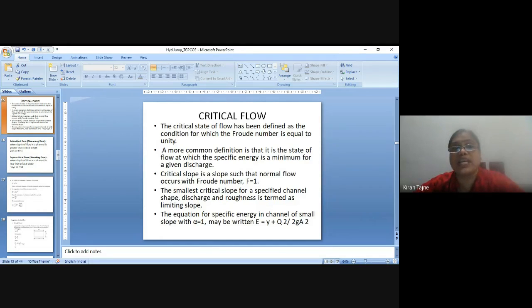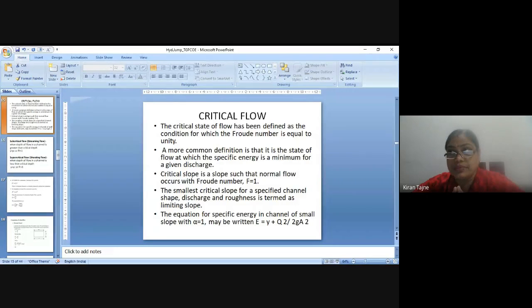The smallest critical slope for a specified channel shape, discharge and roughness is termed the limiting slope. The equation for specific energy in a channel of small slope is E is equal to y plus v square by 2g.